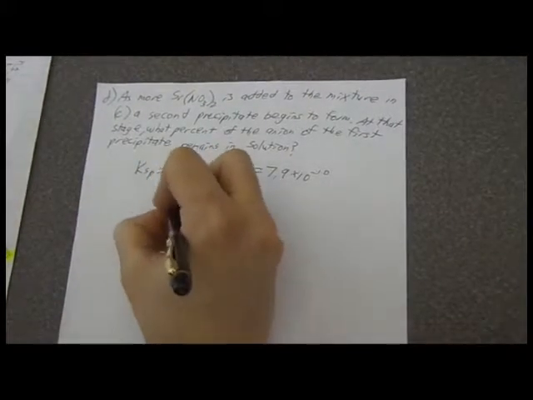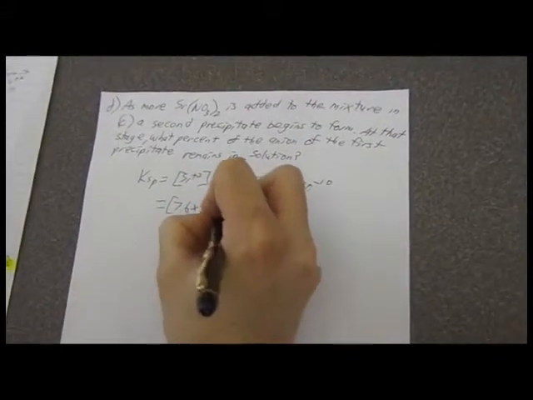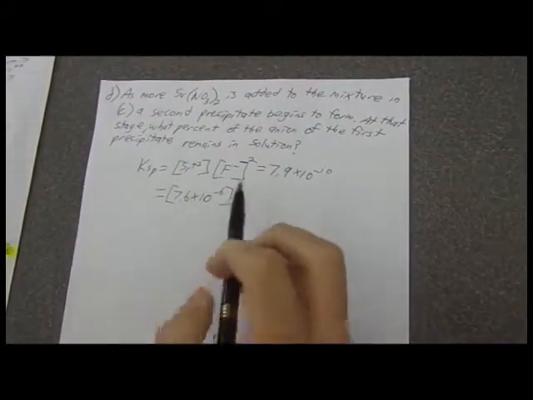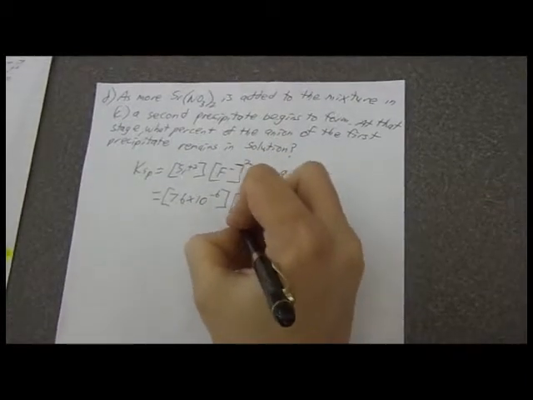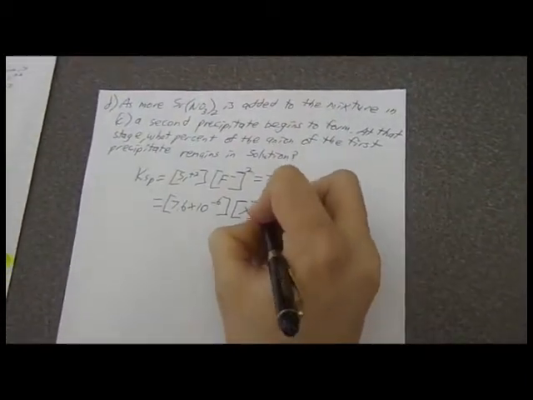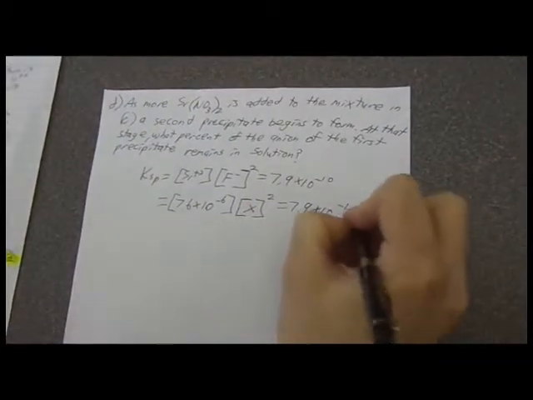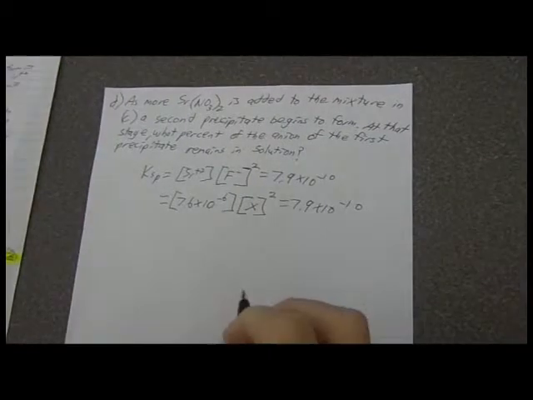So we get 7.6 times 10 to the negative 6, and then we can plug in X for the concentration of F- because we don't know what that is yet, squared, equals 7.9 times 10 to the negative 10. Now we can solve.